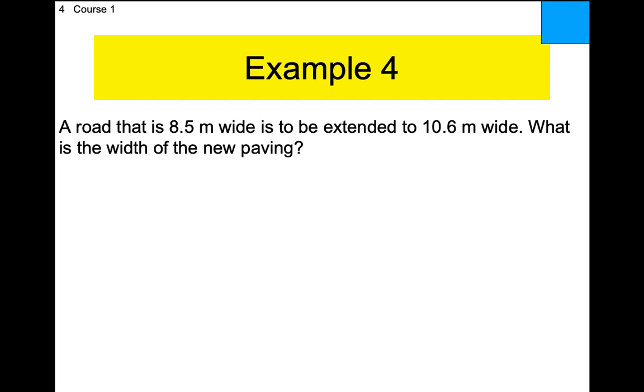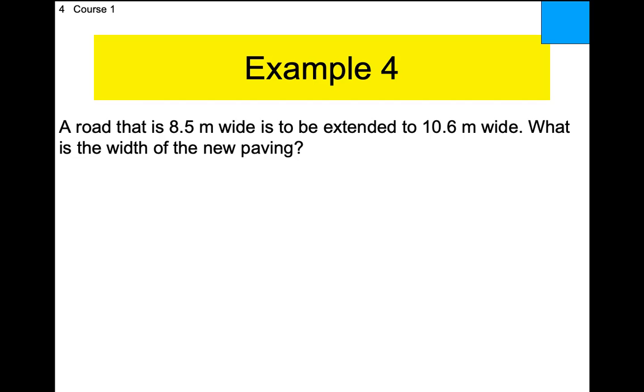So if the road goes up and down, the width would be left and right, and the length of the road would be up and down. But on Jake's, if his road goes left and right, the width would be this, and his length would be that. Width and length can get you into problems. Make sure you think it through.